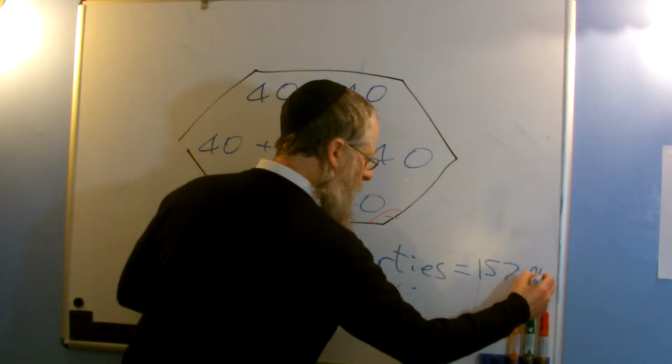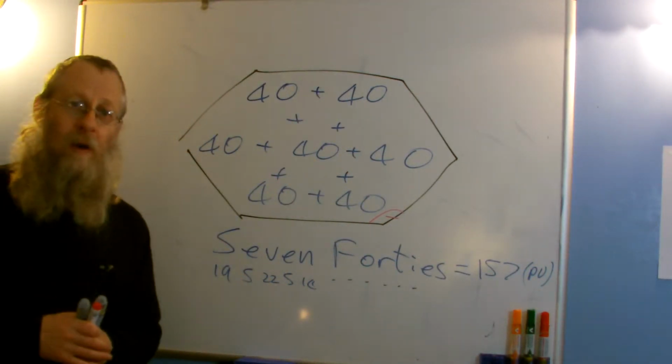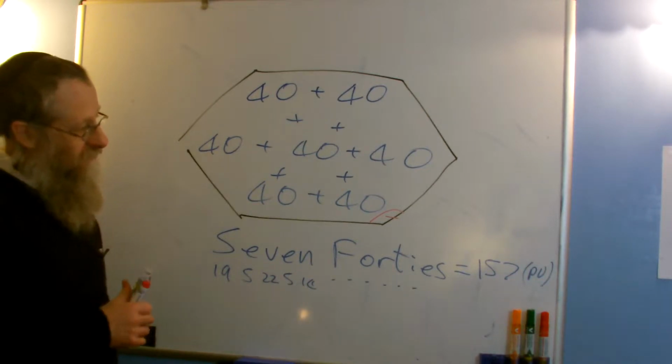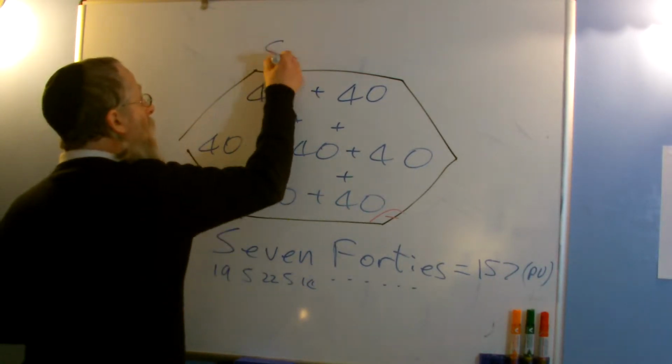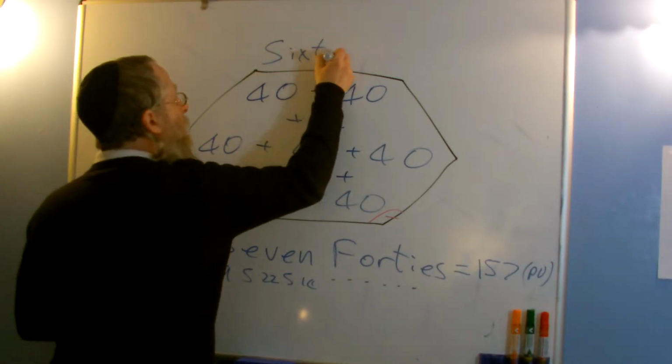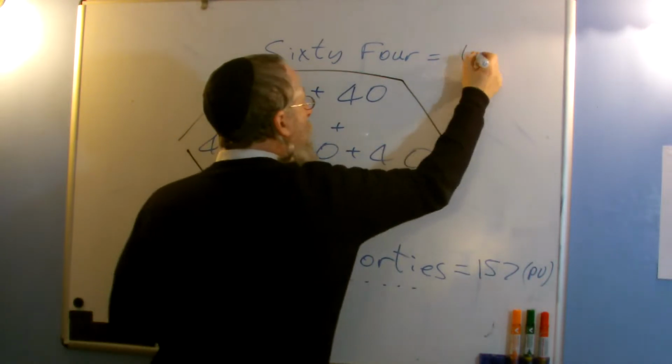That's the placement value. A number that came to my mind that equals 157 is the number 64. 64 equals 157.